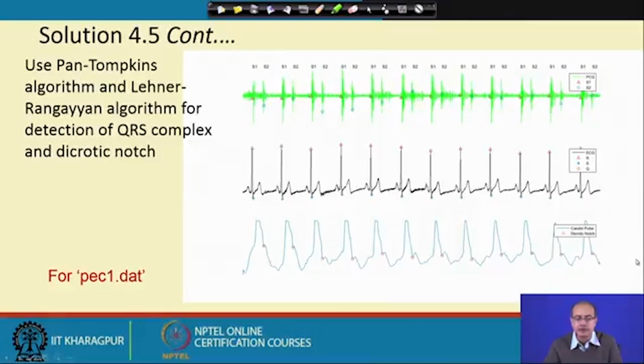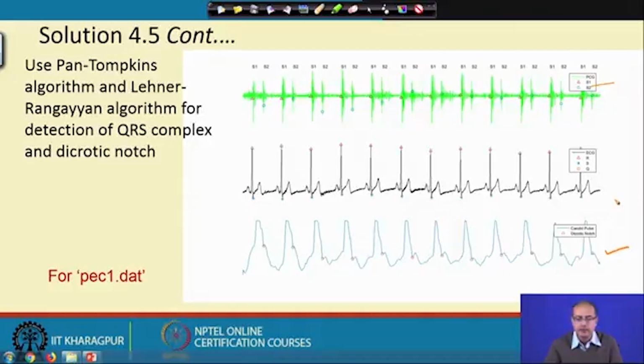We get the S1 location from the R point in the ECG signal, which we could recover using the Pan-Tompkins algorithm, and for the dicrotic notch we have used the Lehner and Rangayan algorithm, which is given below. From there we get the location of the dicrotic notch, and that gives us S2. So, these two points we have collected from these signals.